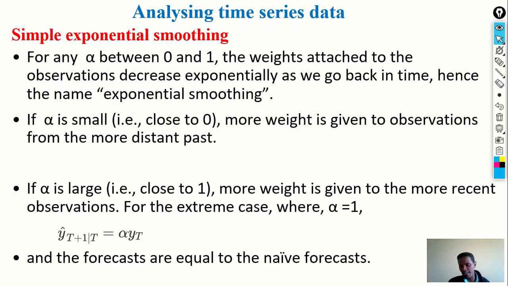For any smoothing constant alpha between 0 and 1, the weights attached to the observations decrease exponentially as we go back in time.